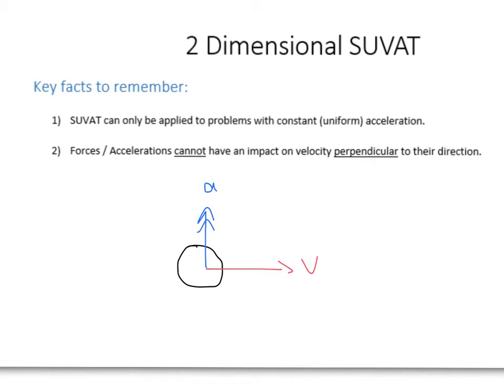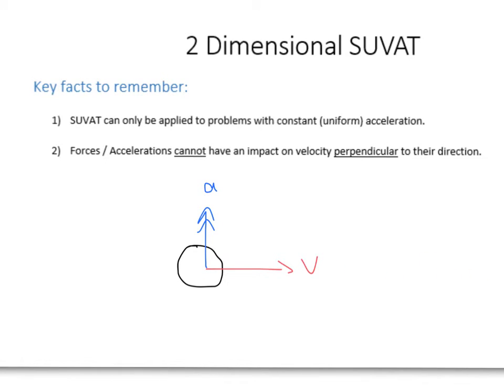Now what will happen is that the velocity will, if you think about it in 2 components, 2 different things will happen. One, the magnitude of velocity in this direction here will be completely unaffected by this acceleration.